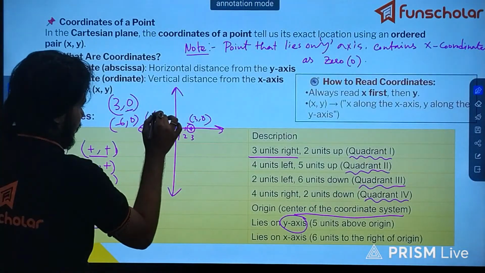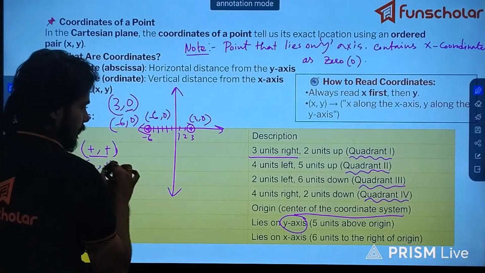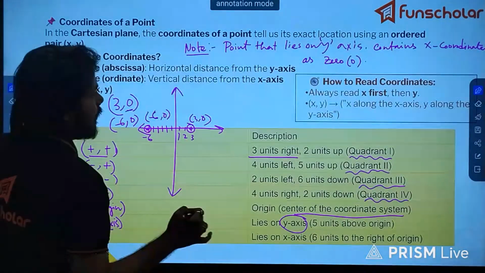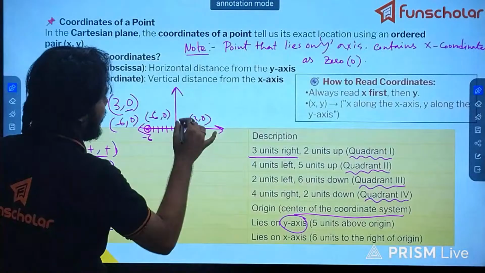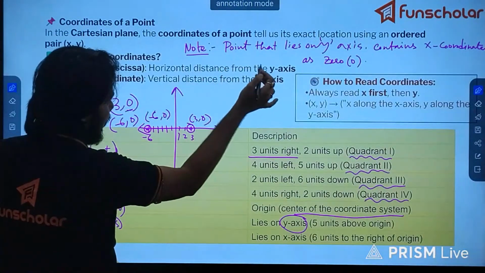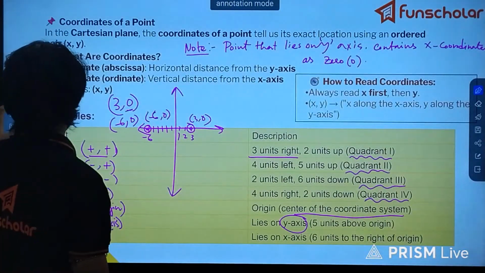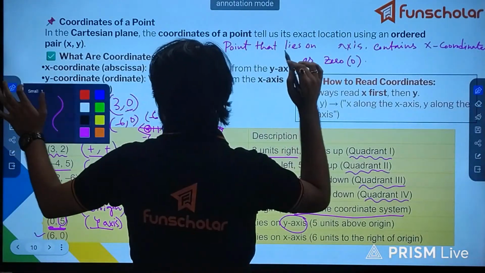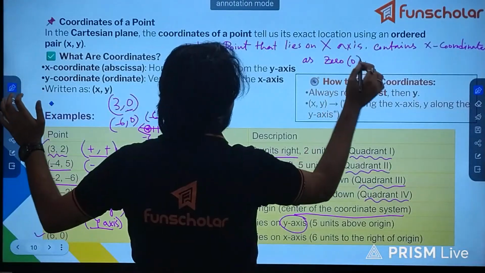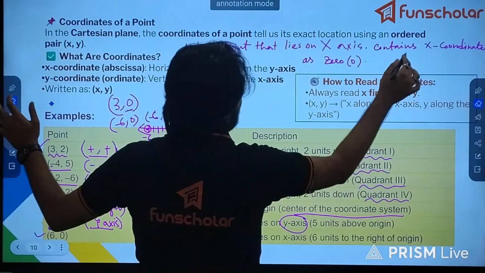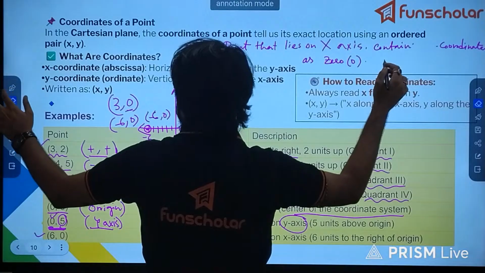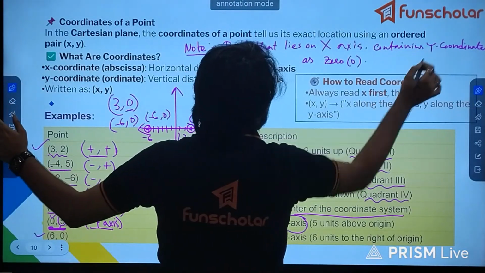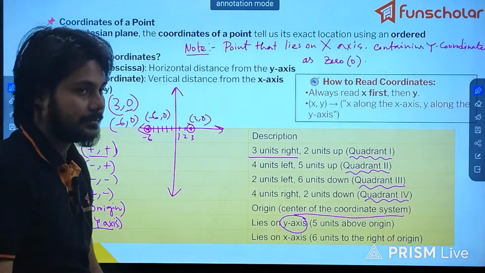This is -6, 0. So here is also a point that I want you to note: a point that lies on the x-axis contains the y-coordinate as 0.